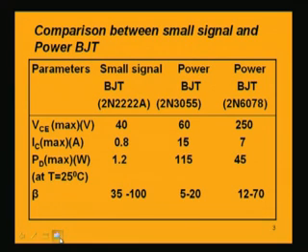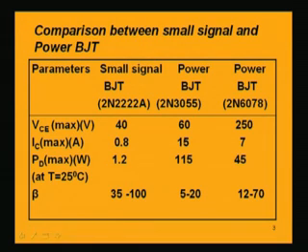For example, we take a small signal BJT of type 2N2222A, which is used for small signal amplification, and a power BJT of type 2N3055. Another power BJT we take is 2N6078, and we compare the ratings of voltage, current and power, and also the current amplification factor beta.